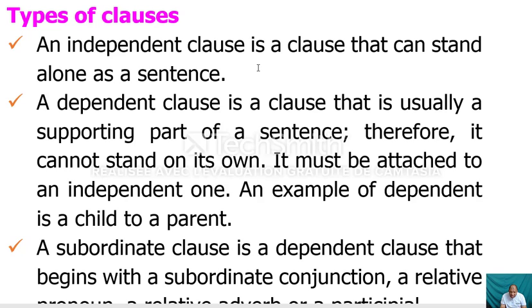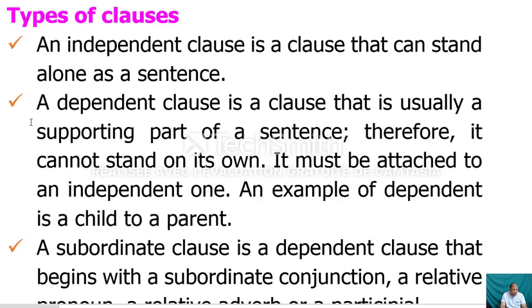It does not need to be attached to another clause. So the meaning of that clause is complete. It doesn't need another clause in order that its meaning can be understood.